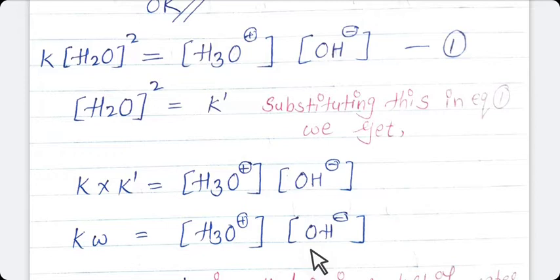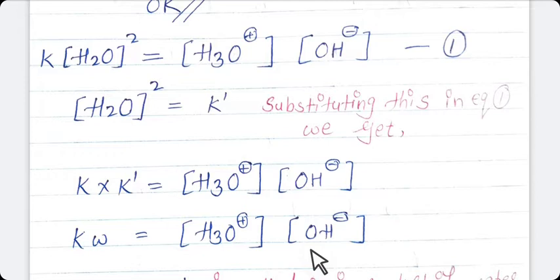I will explain again. Kw is the product of molar concentration of hydronium or hydrogen ion and hydroxyl ion at equilibrium in pure water at a given temperature, called the ionic product of water.